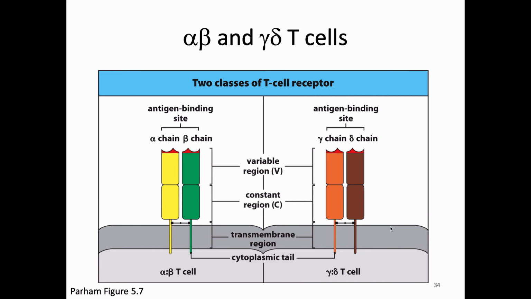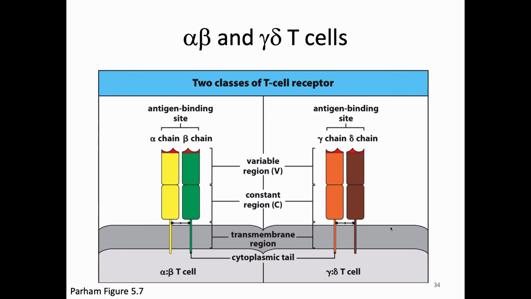Alpha beta T cells have a T cell receptor made up of an alpha chain and a beta chain. Gamma delta T cells have a T cell receptor made up of a gamma chain and a delta chain. In both cases, one is a heavy chain, one is a light chain. There's always a variable region, there's always a constant region. It looks relatively similar, but our T cells can be either the alpha beta T cell or the gamma delta.